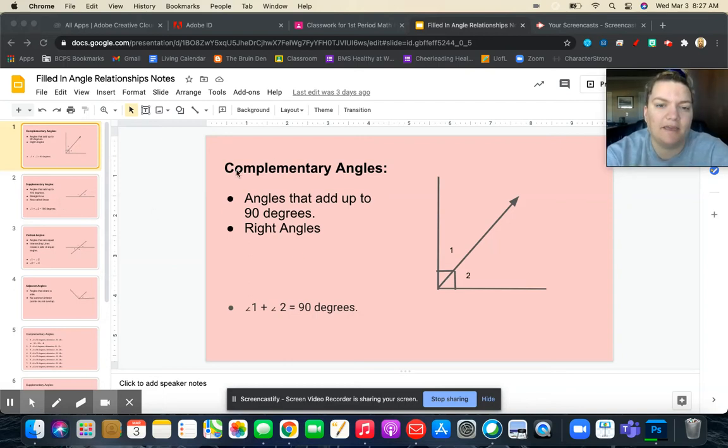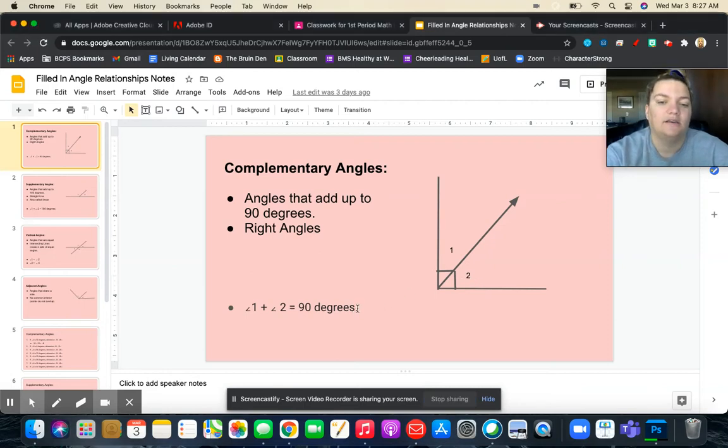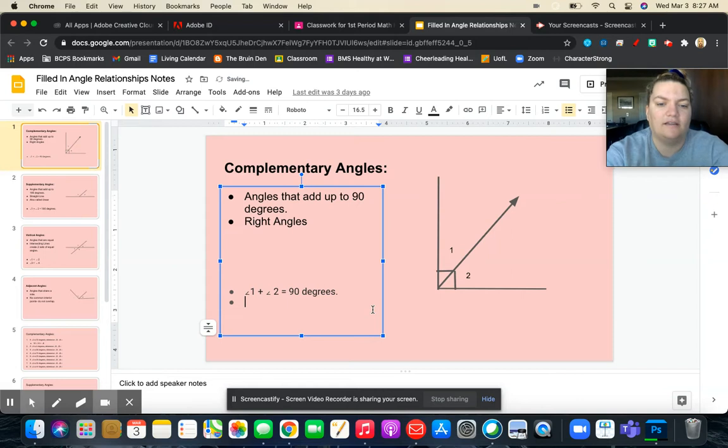So the first type of angles are complementary angles. They are angles that add up to 90 degrees, which we already know those are called right angles. So if you notice, they have a right angle symbol right here. They add up to 90 degrees. So whatever the value of angle 1 is, plus the value of angle 2 need to equal 90 degrees. So let's say that angle 1 was 50 degrees.